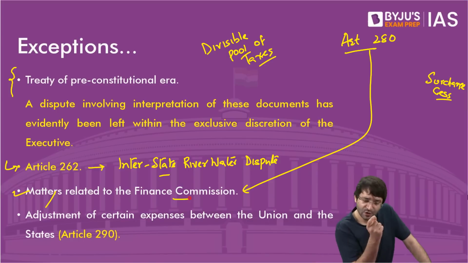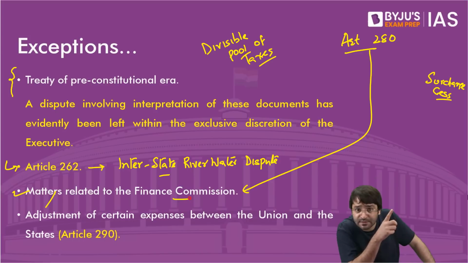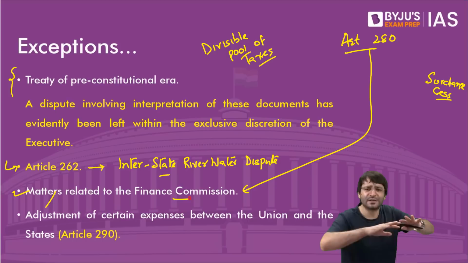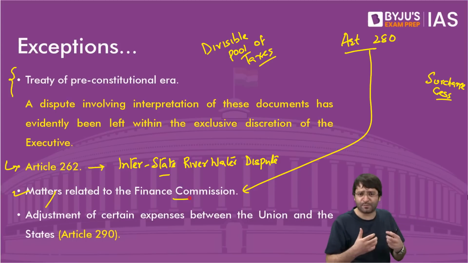Yes. What census population figure is taken into account to determine the value of the vote of an MP or an MLA? The 1971 census. And we have discussed the reason why as well. Why? Because southern states were effective in controlling the population, in implementing family planning programs, and the northern states failed miserably.